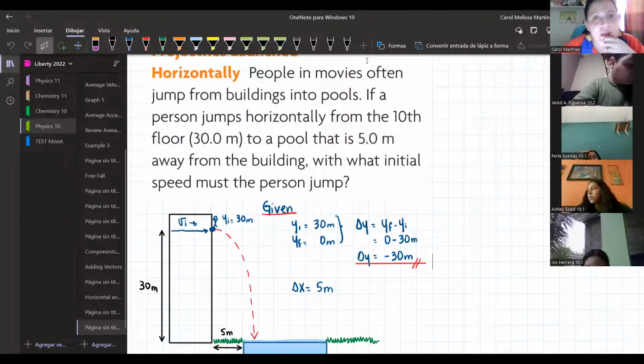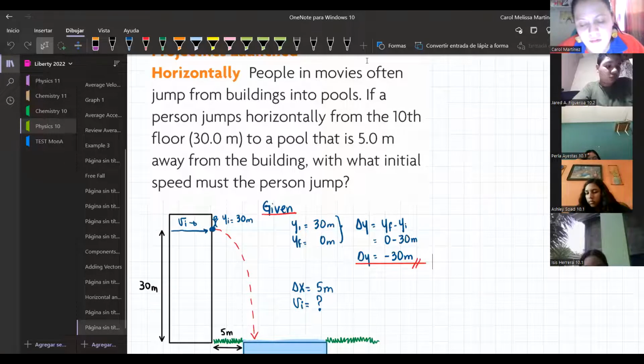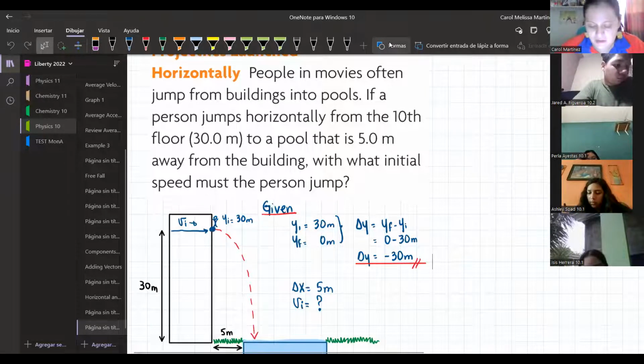And now they're asking you with what initial speed must a person jump, okay? So you need to find v_i, okay? So I gave you a list of formulas, okay?